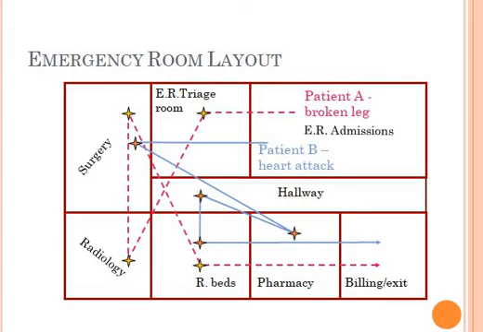Not all of the patients will move in the same sequence. For example, patient B, who came with a heart attack, his case was critical, so they didn't pass through the triage room and spend time there. From the triage, on the spot, they decided upon the first assessment that he should go right away to surgery.